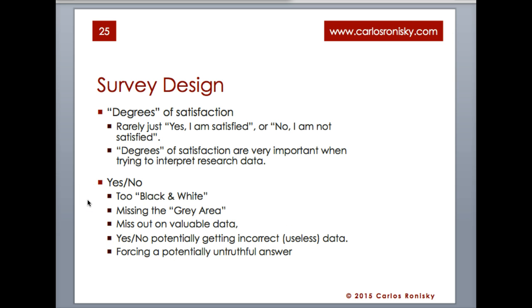So for example, let's say you go to a restaurant and ask for your salad with the dressing on the side, and then later on the waiter comes over, but he brings you the dressing on the salad. After you're done, the restaurant owner, as you're leaving, asks you to fill out a survey. Now with the yes or no answer choices, you're being forced to answer one way or the other.